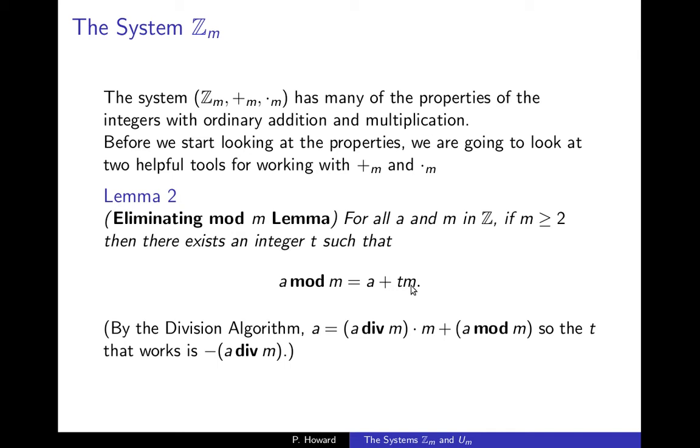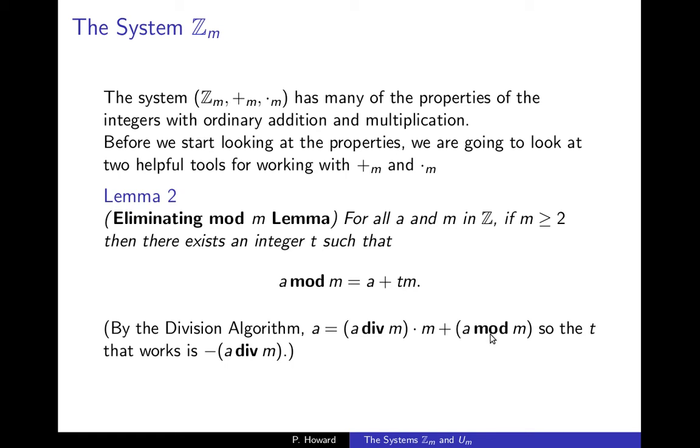So here is a very brief proof. We know that if you divide a by m, you get a quotient of a div m. Remember, this is our shorthand for the quotient. A div m times m with a remainder of a mod m. This was our notation for the remainder.